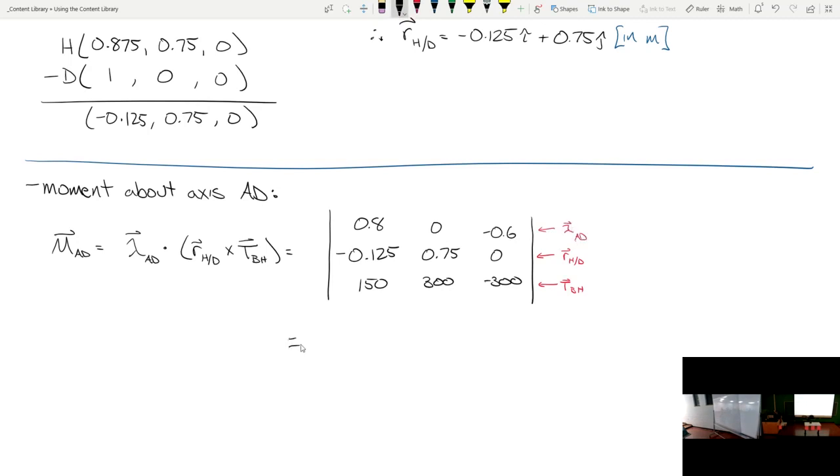And then we can run our cross product out the same way that we had done it before, only instead of writing I, J, and K, we write 0.8, 0, and negative 0.6, and then just chug it out. So let me show you how that works. If we were doing the I term, we'd have a 2 by 2 that looks like this.